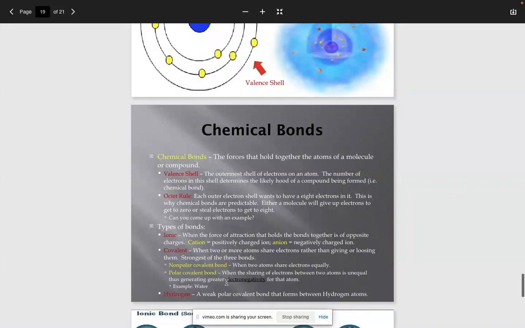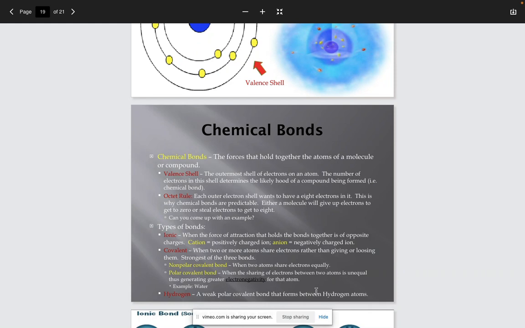And then hydrogen. This is actually incorrect. So hydrogen bonding is actually the strongest of the types of bonds. So whenever we see the three different types of bond, if I gave you a question that said ionic, covalent, and hydrogen, which of the following is the strongest type of bond, it would be hydrogen, right? Then we know that ionic is between a cation and an anion.